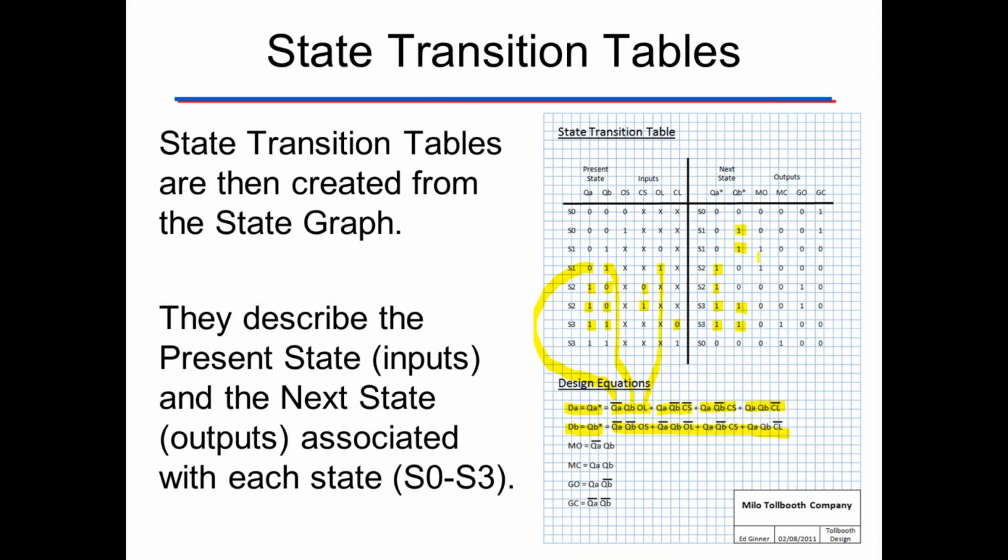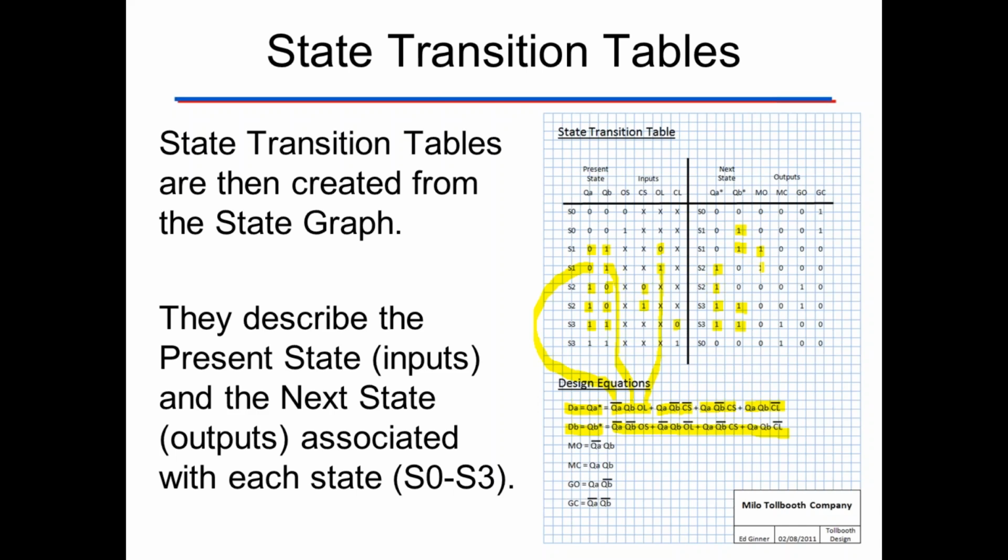Then motor open. This is the signal that goes to the actual motor open pin on the H bridge that we're using. If we take a look, I've got two minterms here. First one's going to be QA bar, QB, and then OL bar.